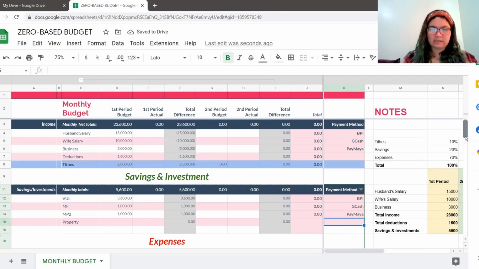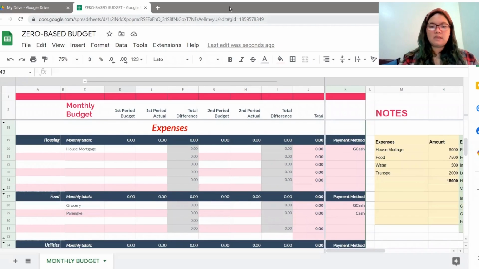Okay, the next one, let's look at the example. Now we go to the expenses. For the first period, we have expenses for house mortgage, food, water, and transportation.